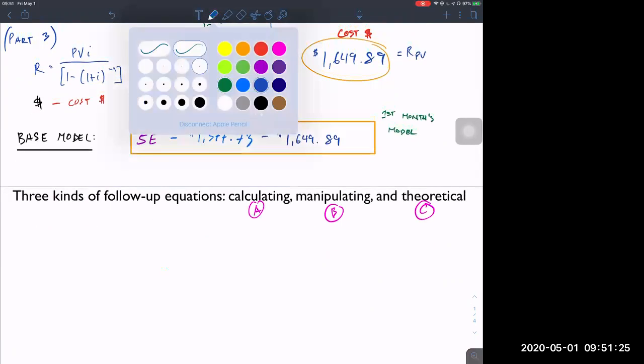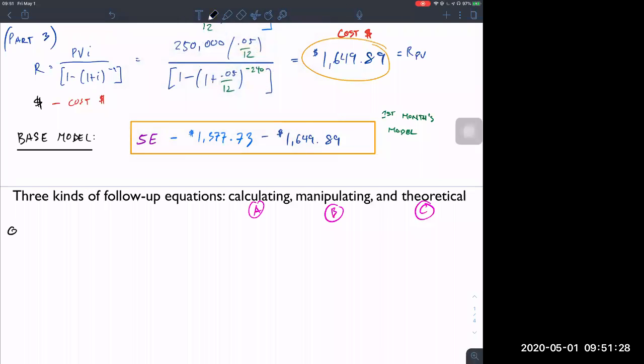So now, question 1, let me just write this really quick. E is equal to 10,000. Excellent. Question 2. I'm telling you right now that there's a second month's model.